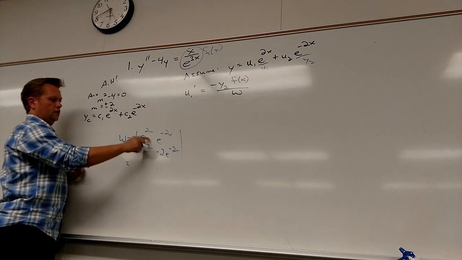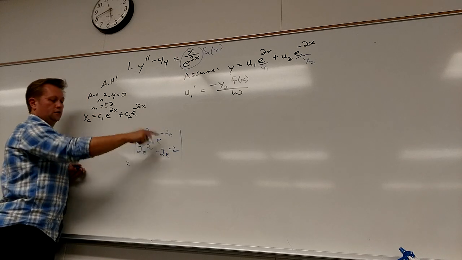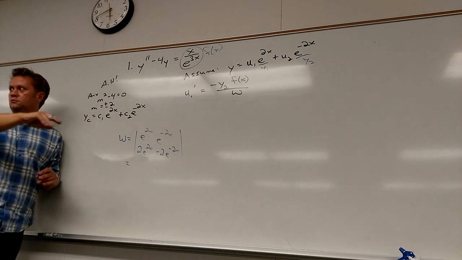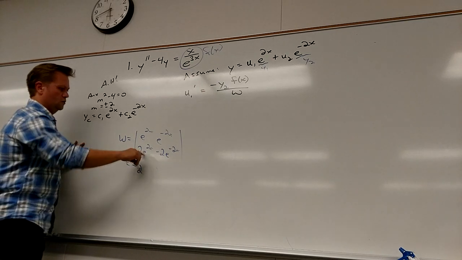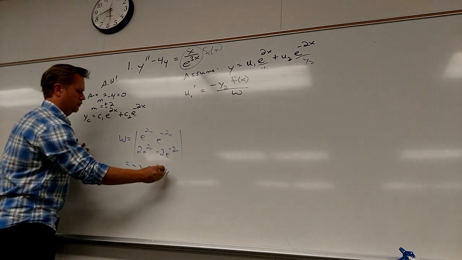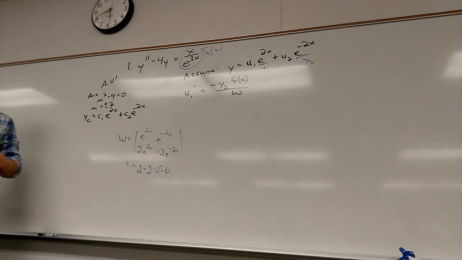Yeah, so then you get negative 2 e to the 0, which is 1. So negative 2 minus 2, negative 4. I like it. So that should be your denominator for these U1 prime and U2 prime.